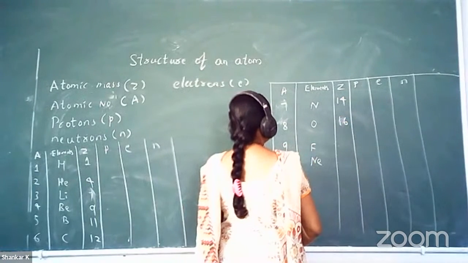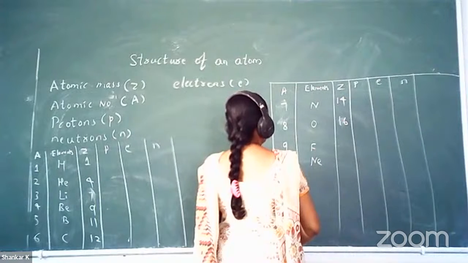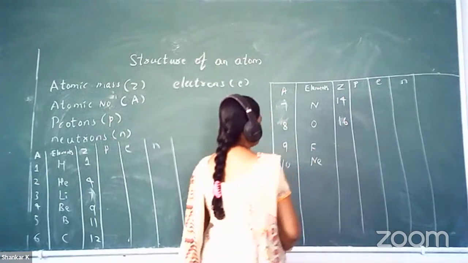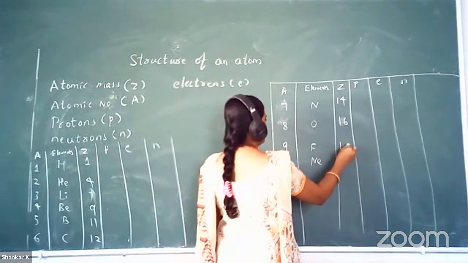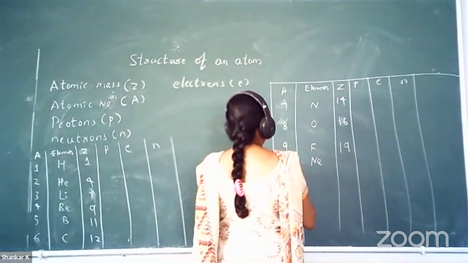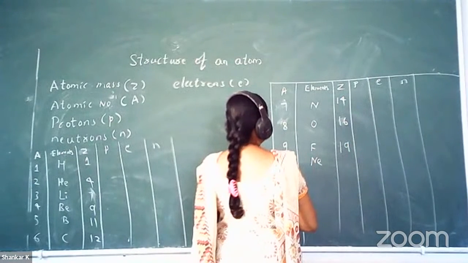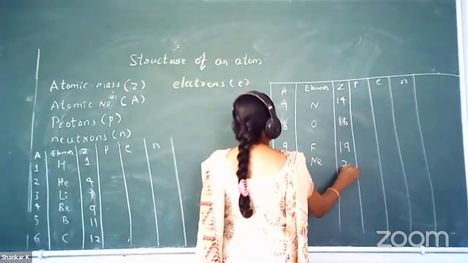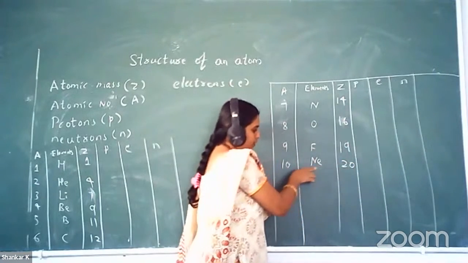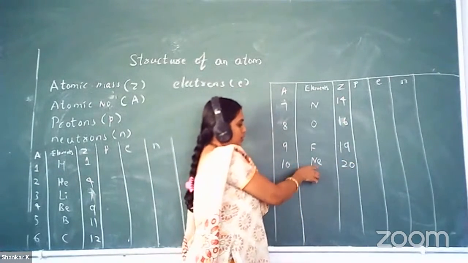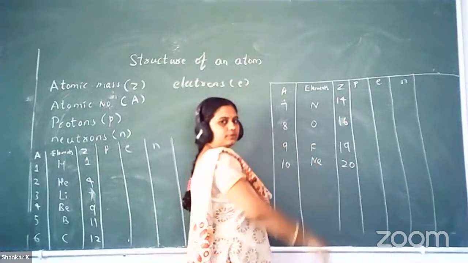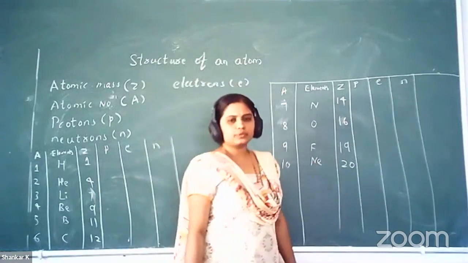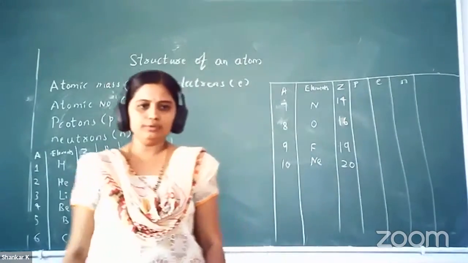Fluorine is 19. Then neon is 20. So is this neon or what, students? Yes, ma'am, neon. The element with atomic number 10 is neon.